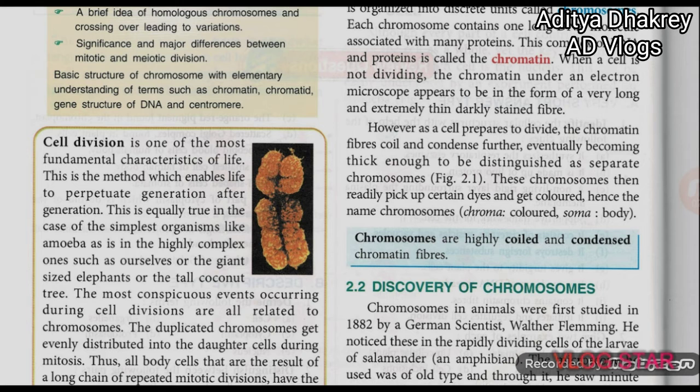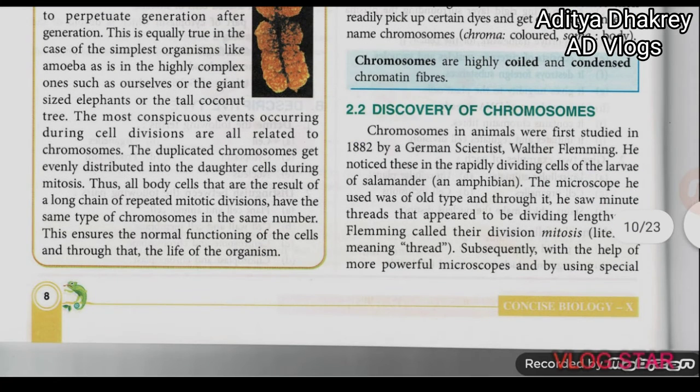Now, the second topic: discovery of chromosomes. Who discovered chromosomes? Chromosomes in animals were first studied in 1882 by the German scientist Walther Flemming. He noticed these in the rapidly dividing cells of the larva of a salamander.